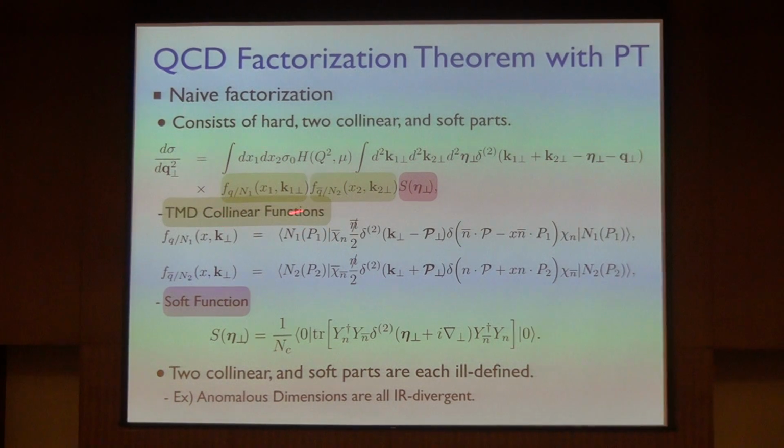Actually, I employed the same idea as in the DIS and Drell-Yan case without PT. Employing the soft collinear effective theory, we have the hard function, two transverse momentum dependent collinear functions and the soft function. This collinear function and soft function will be problematic.